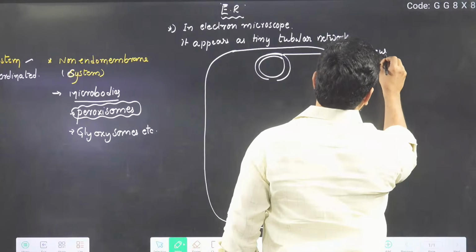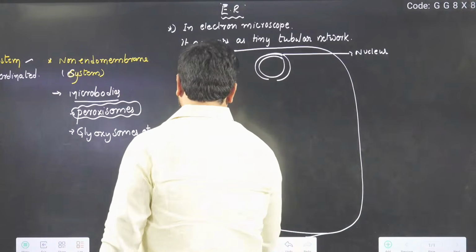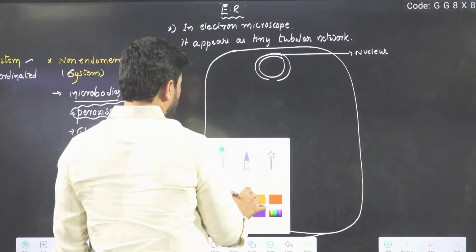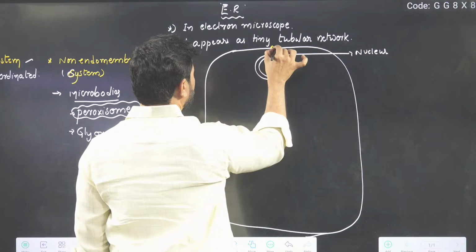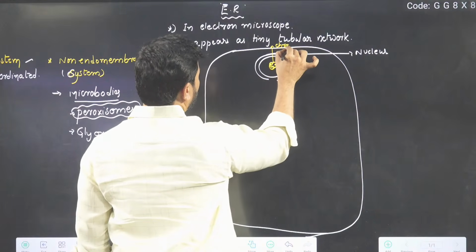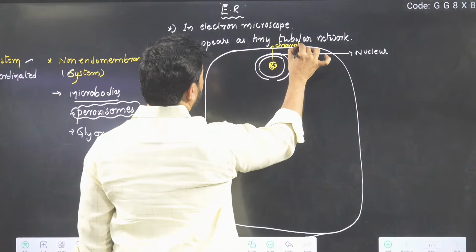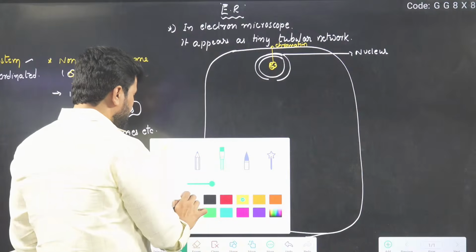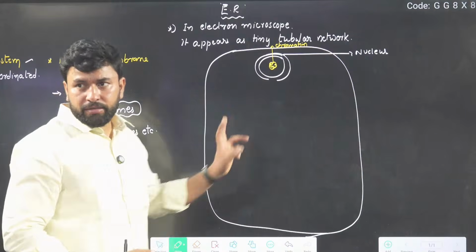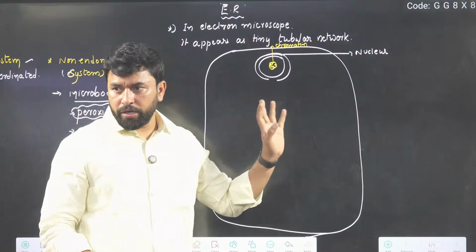You know, the nucleus is a double membranous body. It has an outer membrane and an inner membrane, and it has structures called chromosomes or chromatin. The outer membrane and inner membrane will be separately present. This is the nuclear body.